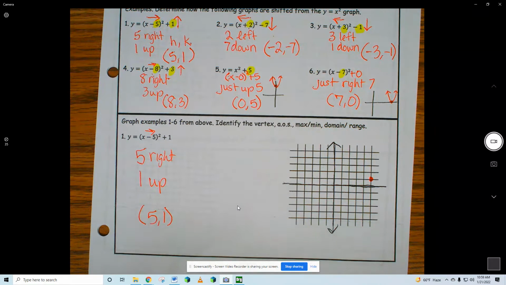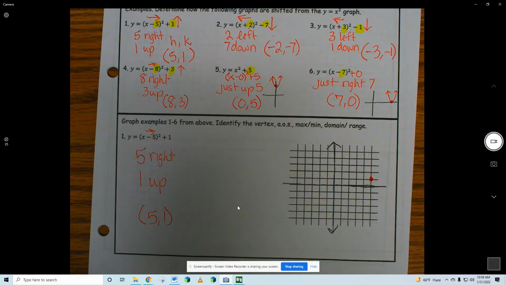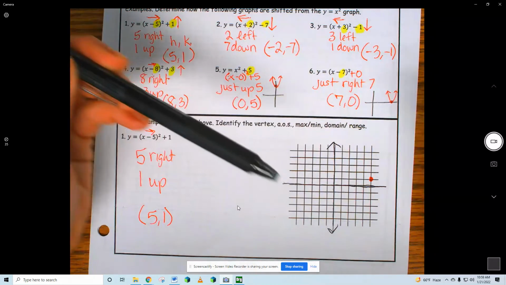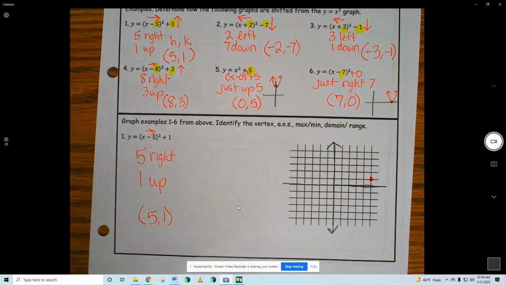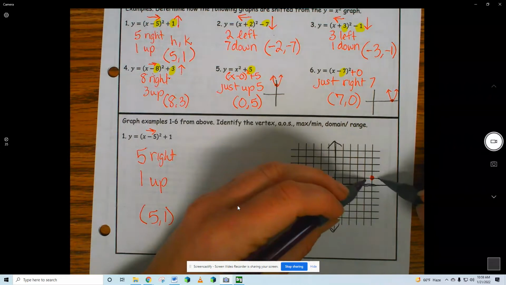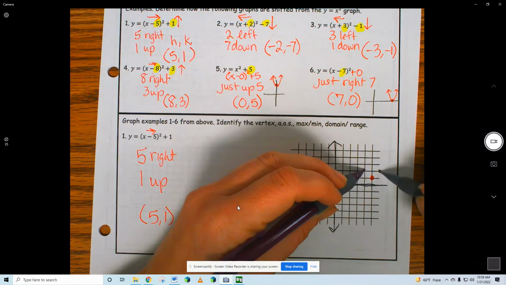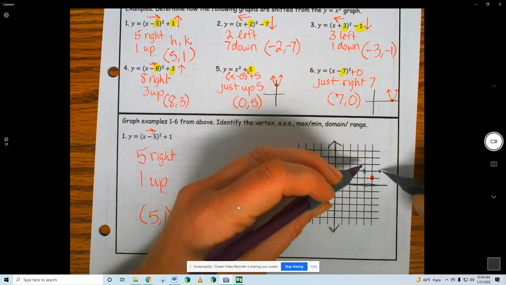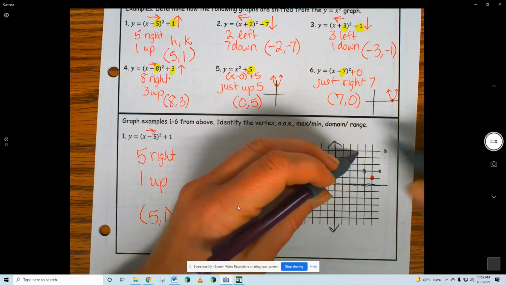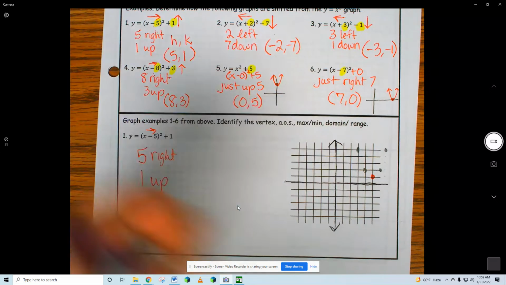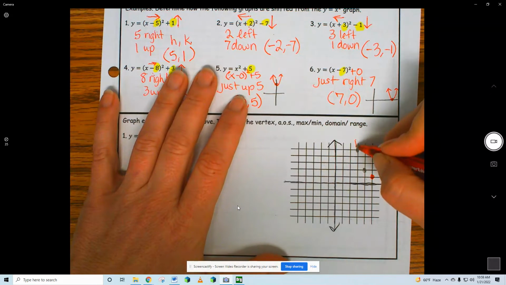I'm going to be off the graph a little bit, but that's okay. Over 1, up 1. Both directions. Remember, like I've been doing the past 2 days? How about we don't do the parent function today because it's late start. We don't have time. But it's fine if we do it right. It's very thorough if you do it.